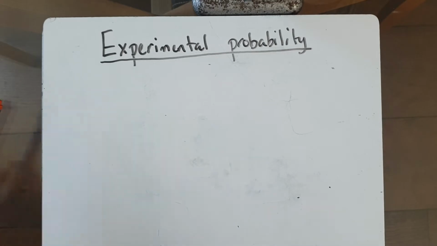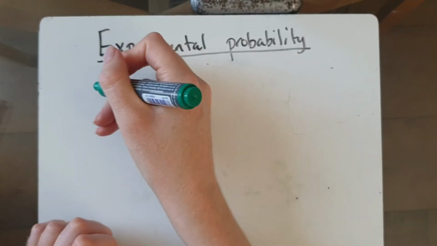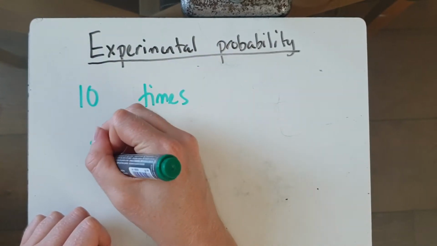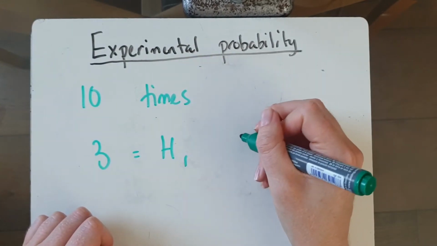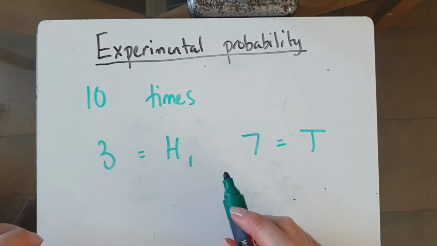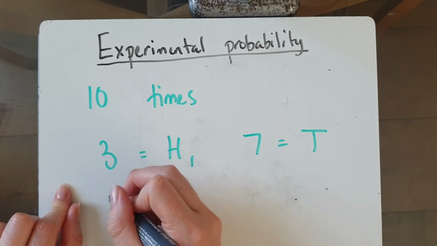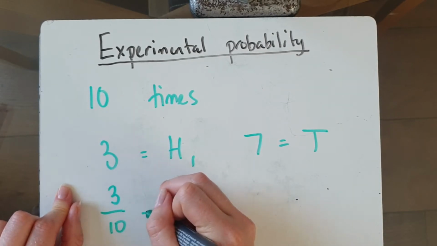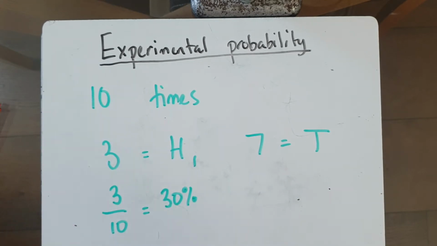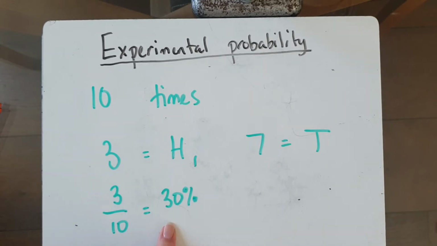You could, however, if you only flipped a coin 10 times, and 3 of those times it landed on heads, and 7 of those times it landed on tails, your experimental probability of it landing on heads would be 3 out of 10, or 30%. It would be different from what we know the probability to be, which is 50% or a half. But this would be your experimental probability from the experiment that you have carried out.